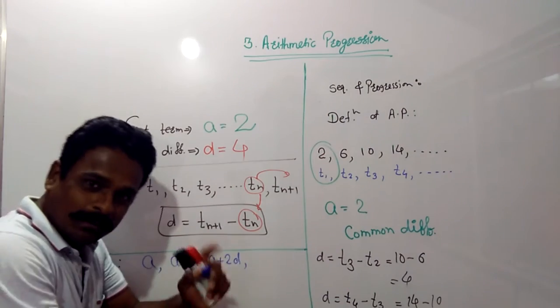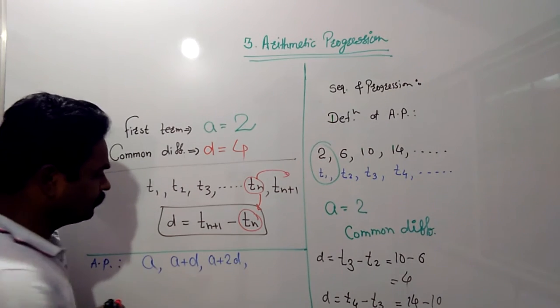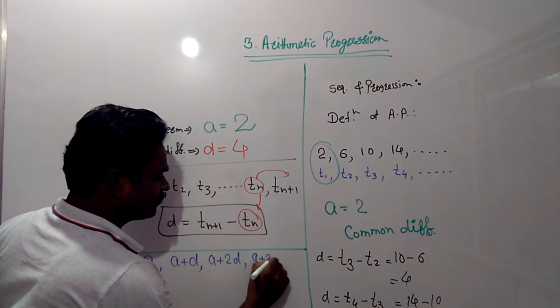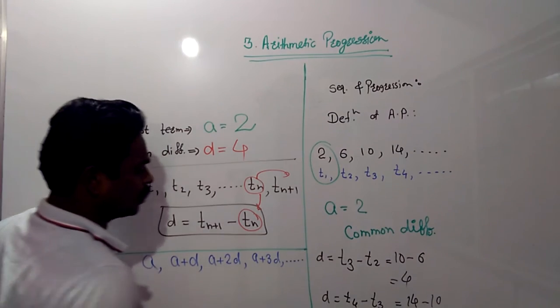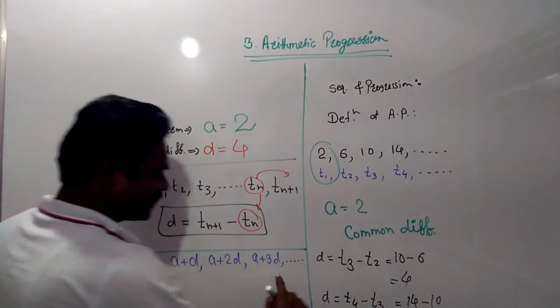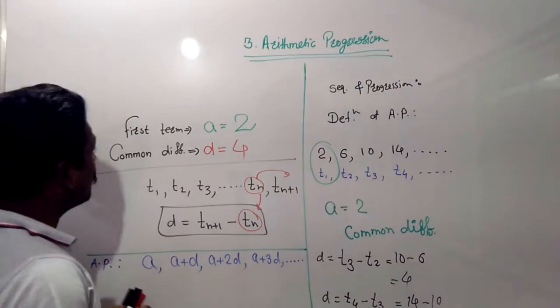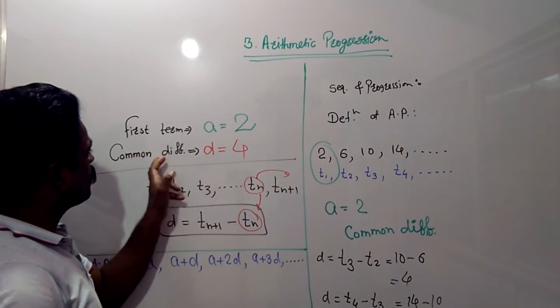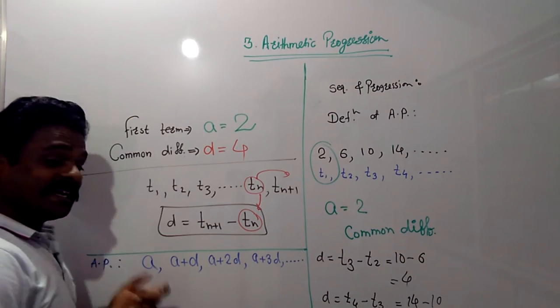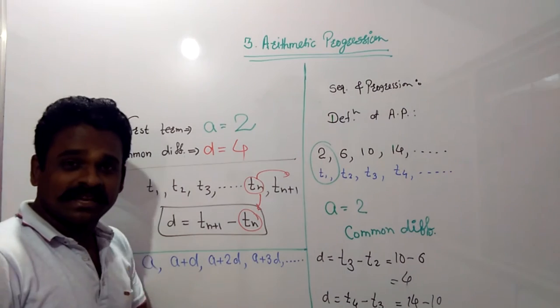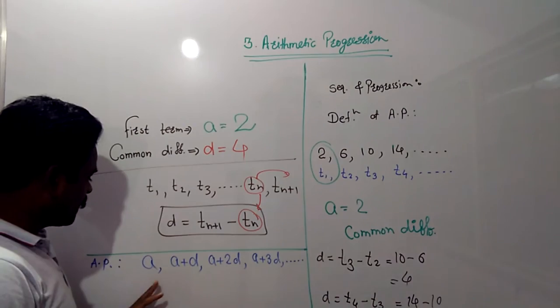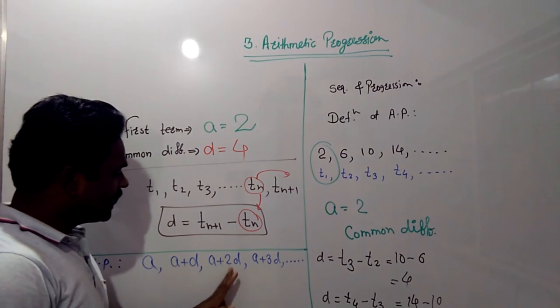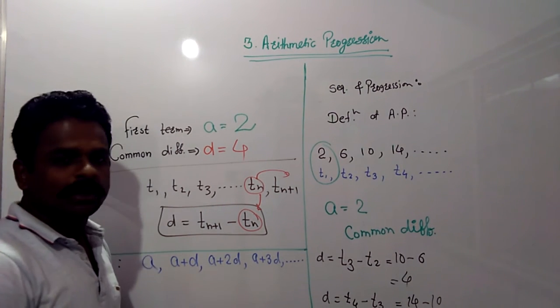One more D will be added to the previous one, that is A plus 3D and so on. So this is the required sequence with the help of first term A and common difference D. If the first term A and common difference D are given to you, you can find the required arithmetic progression in this manner: A plus D, A plus 2D, A plus 3D and so on.